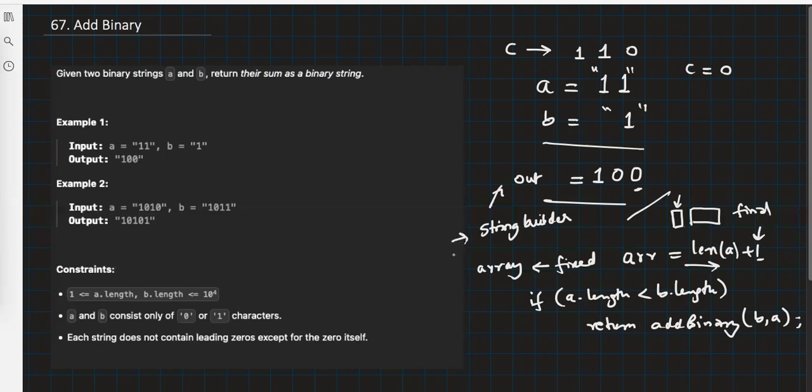With a string builder, we don't have to do such manipulations, because it doesn't have a fixed length, we can keep on building as we go along. So I will discuss just the string builder. The array one, you can figure it out yourself, or maybe I'll just write it for you in the code.